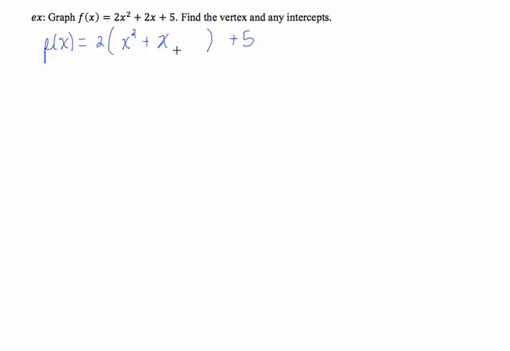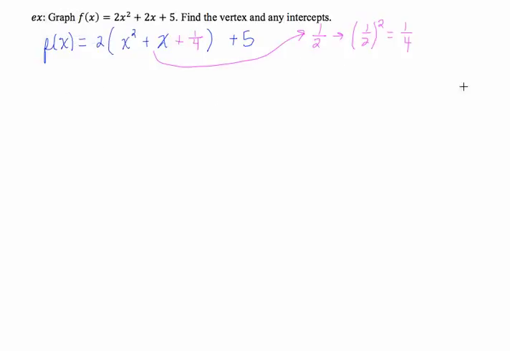So now we need to know, what do we add here to make it into a perfect square? Well, you take this coefficient, which is positive 1, divide it by 2, and square it, which gives us 1/4. So I'm going to add 1/4 right there.